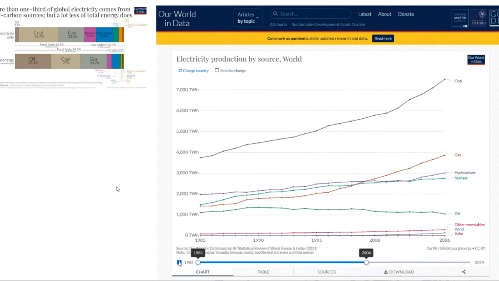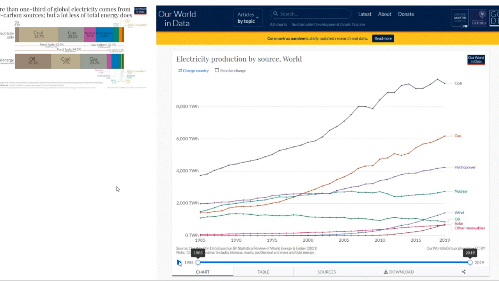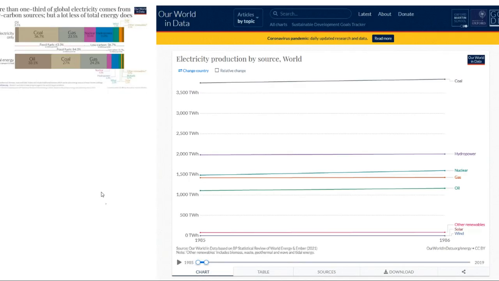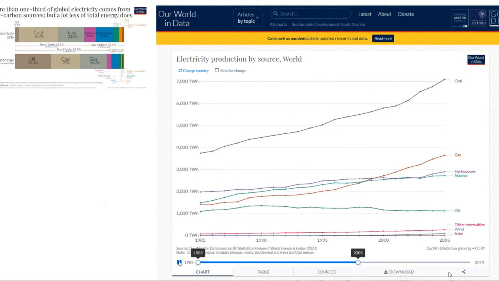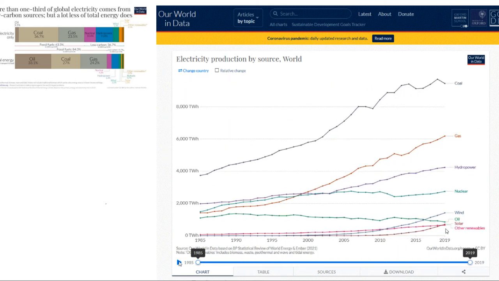This graph that's growing on the left here shows the difference in how we make energy from the year 1985 to 2019. It's from a couple years ago. One thing we can see here easily is that things like solar and wind down here, their share is staying low, low, low, low, low, and in the past 5 years or so, starting to rise.